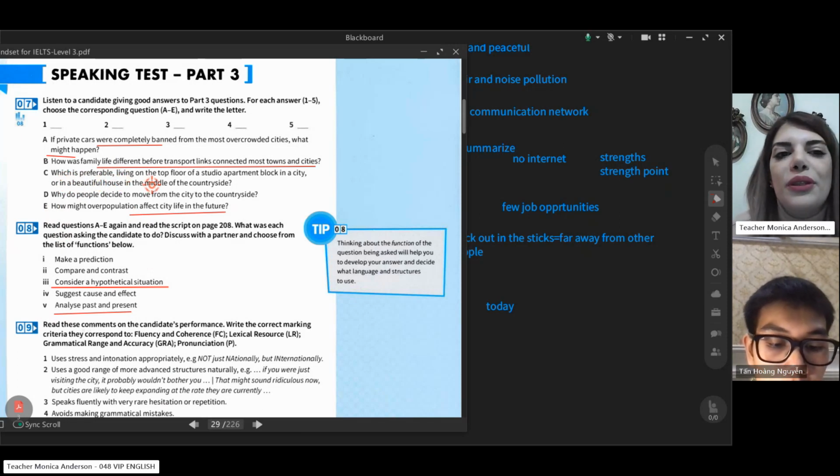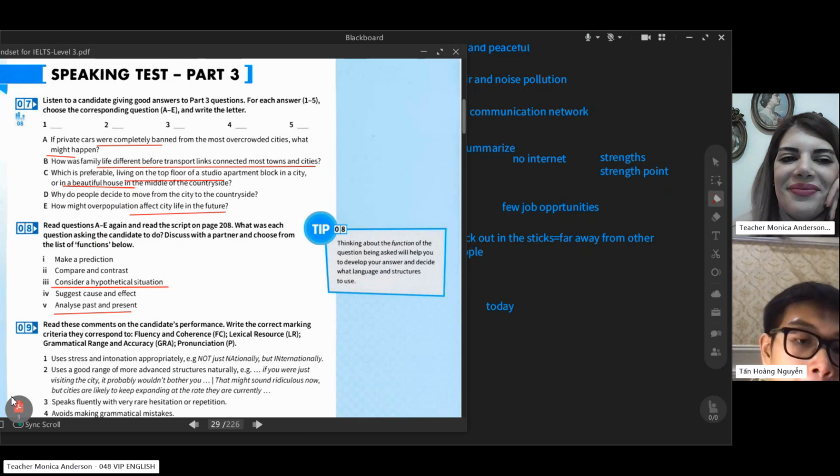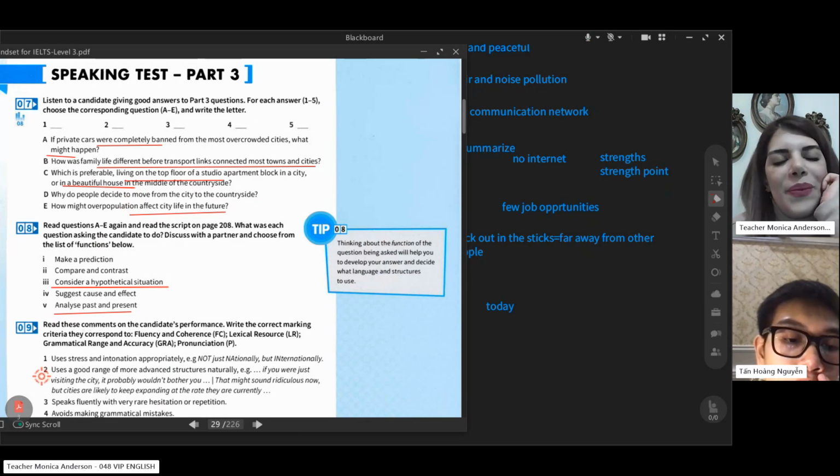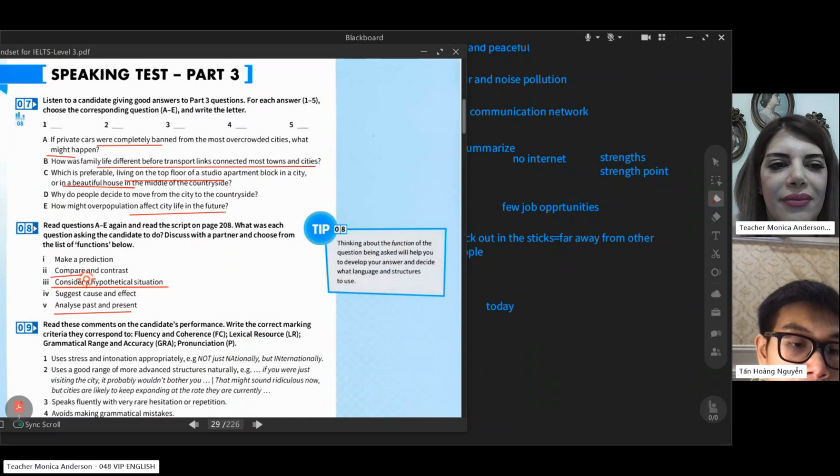Which is preferable: living on the top floor or a beautiful house? I think that's two things, two options, two situations, this or this. So compare and contrast.